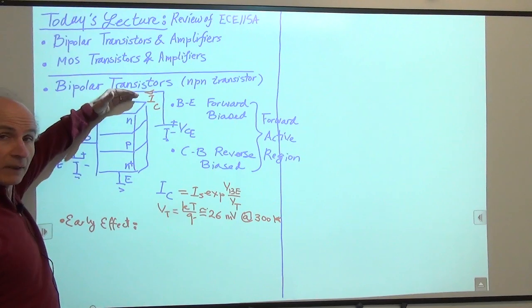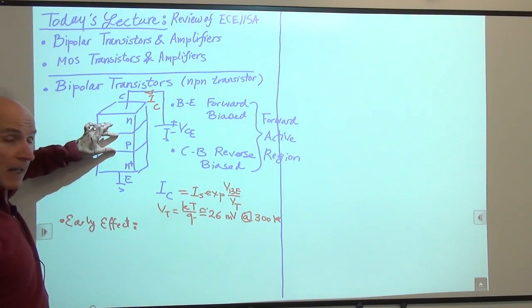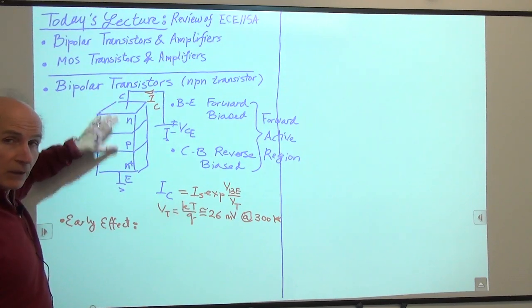As we change the collector voltage, it turns out that the effective base width changes, and as a result, the current changes.